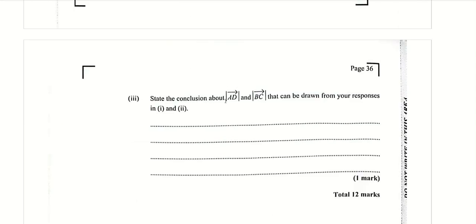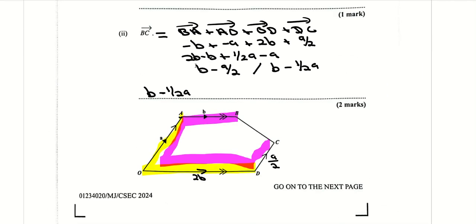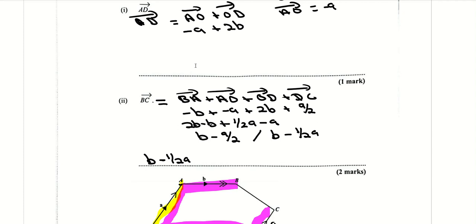State the conclusion about AD and BC that can be drawn from your response in 1 and 2. Oh, they're scale factors of each other.